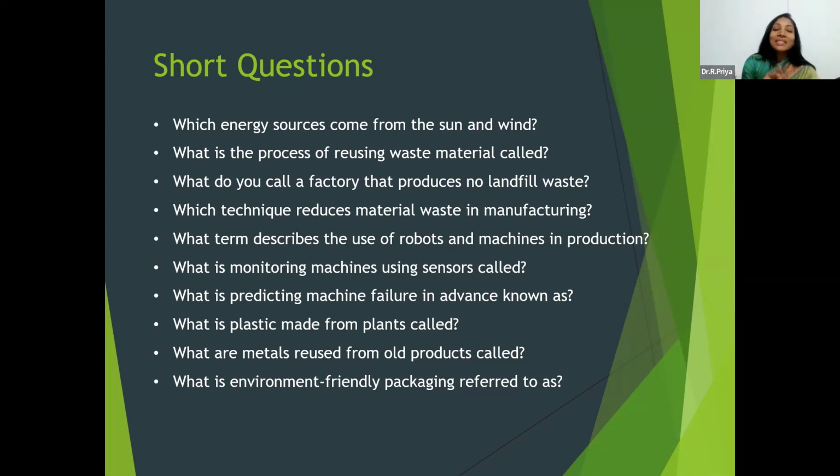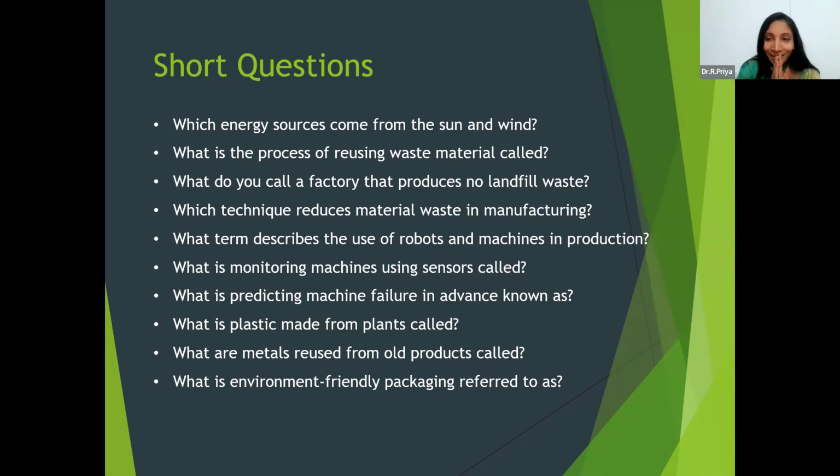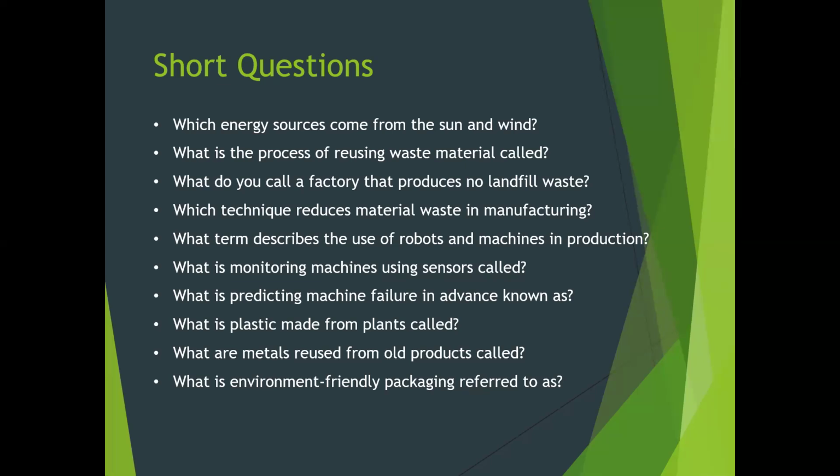Okay. What term describes the use of robots and machines in production? Automation. Good. Then what is monitoring machines using sensors called? For example, watching the machines, supervising the machines instead of a human.